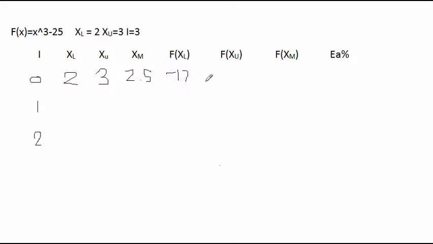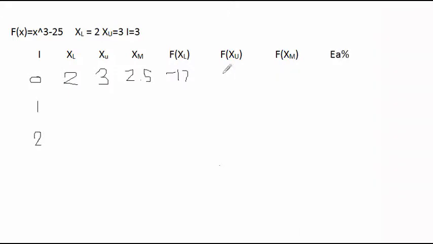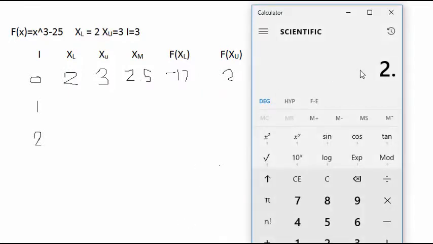Now, we have the function of the lower limit. Now, we will substitute our upper limit in the function. Thus, 3 raised to 3 minus 25, we get the function of the upper limit as 2. Now, we will substitute our midpoint of x in the function. 2.5 raised to 3 minus 25.